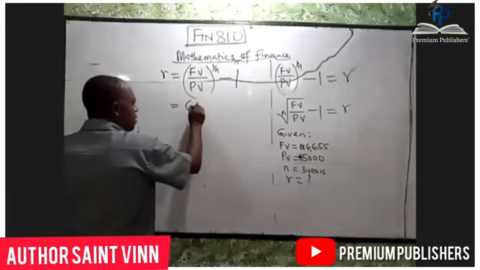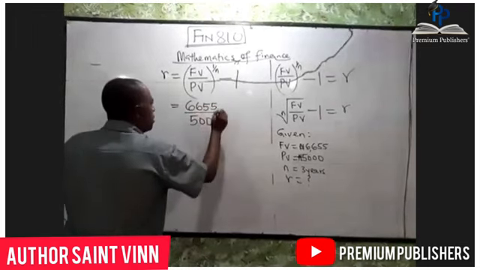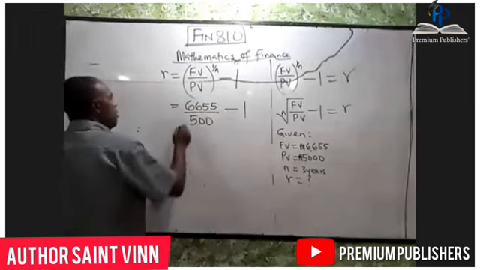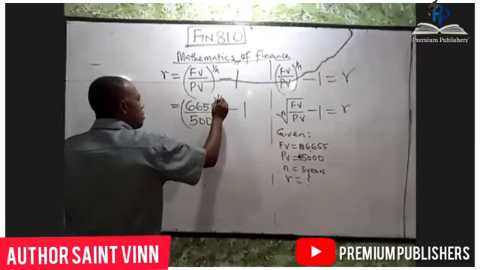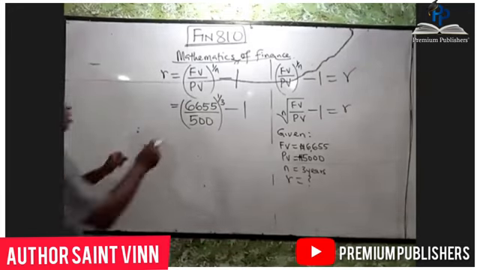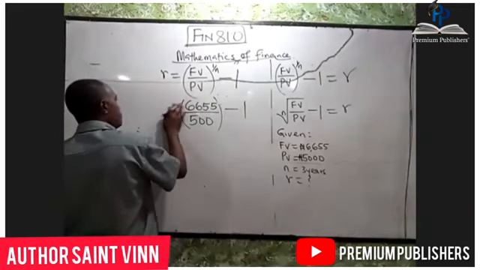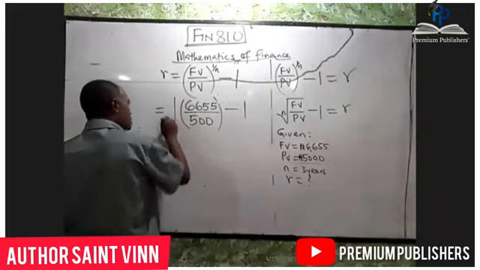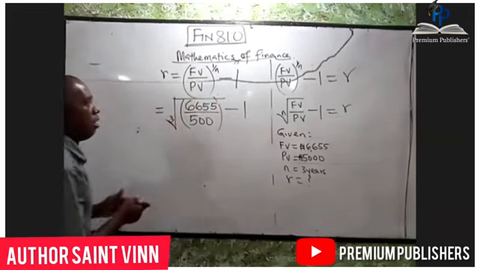Automatically, 6655 all over 5,000, minus 1. And we all know it's the same thing as 1 over what? 3. 1 over 3 is the cube root of it.